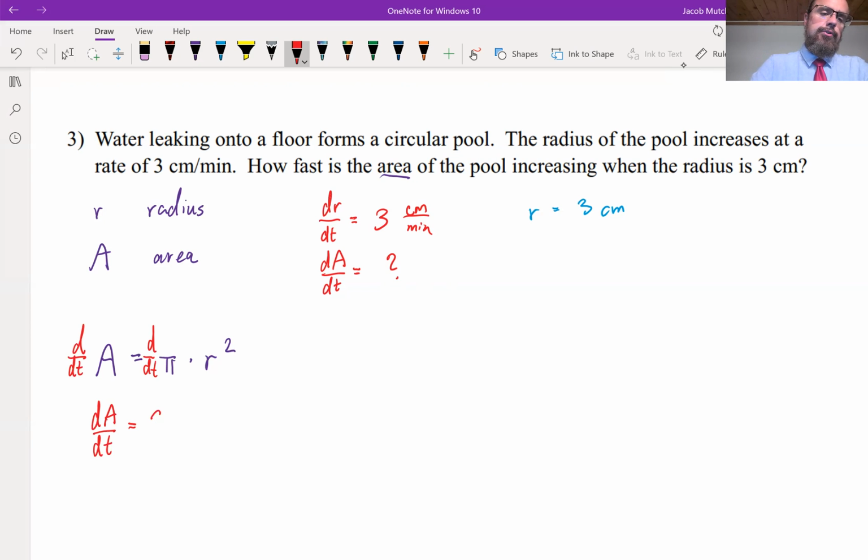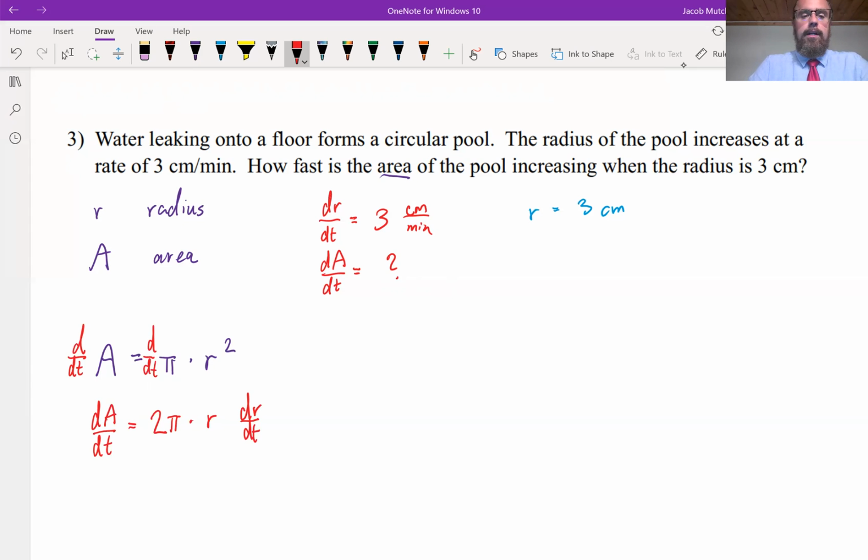So that's going to be 2 from the exponent on the radius. Pi would just remain, that's a constant coefficient, times the radius, and then the power would now be 1, times the change of the radius over the change in time, dr/dt.